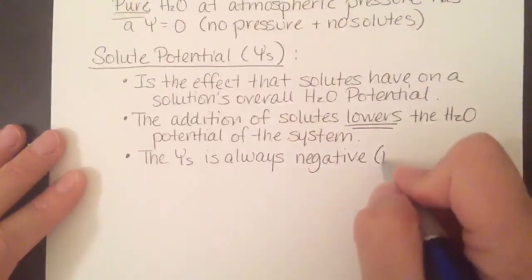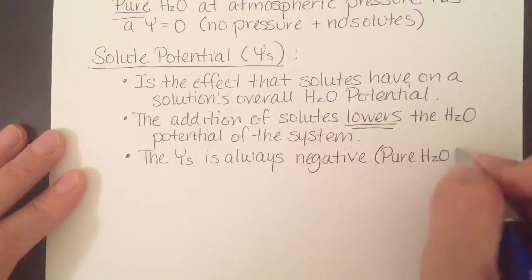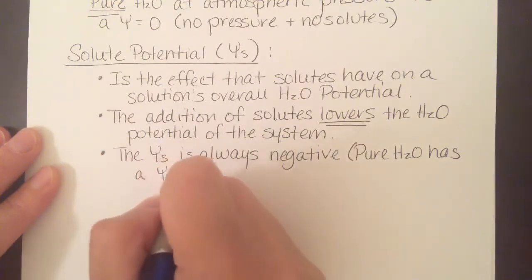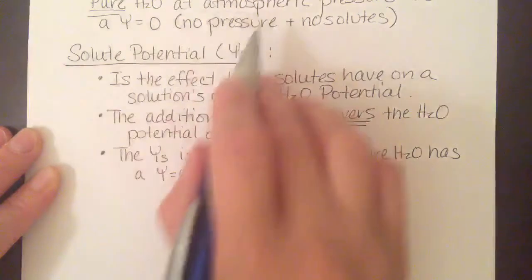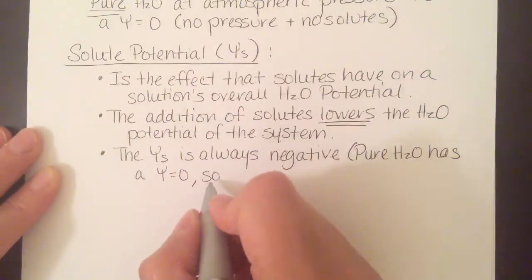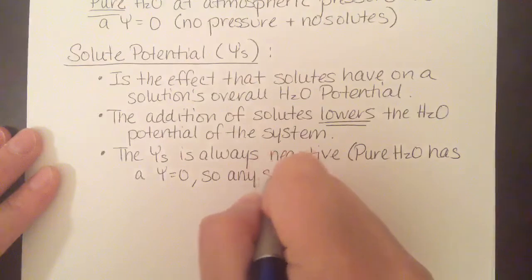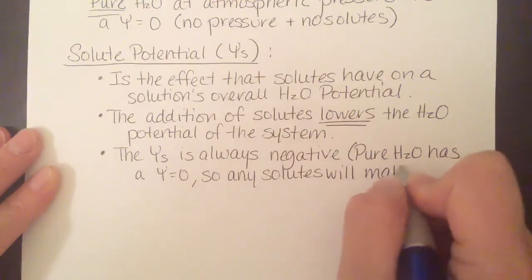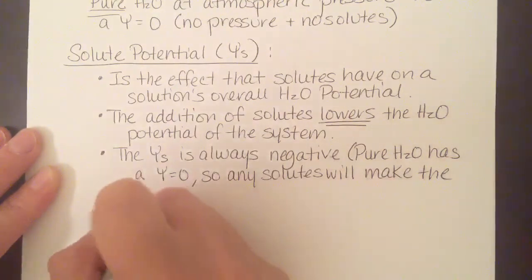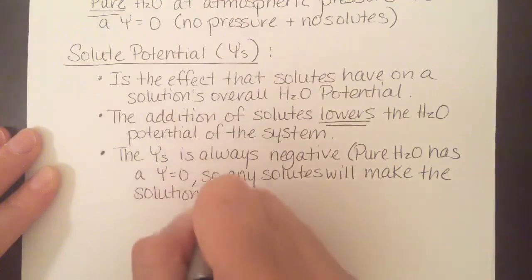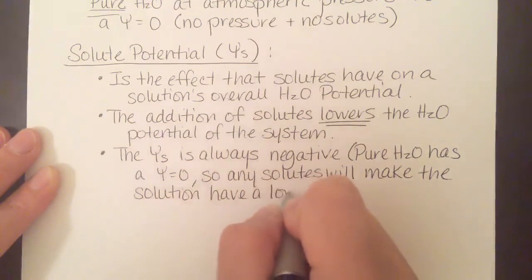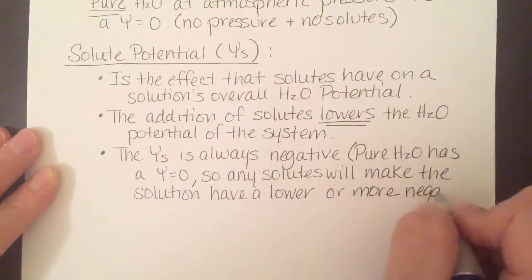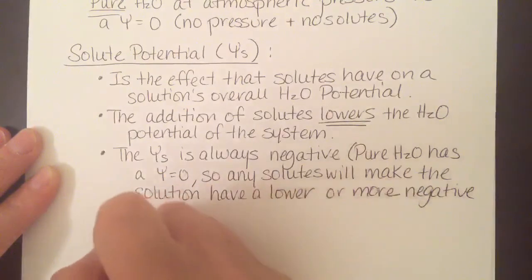So I'm going to add here, remember, pure water has a water potential of 0. So that's 100% pure water, no solutes. So any solutes whatsoever will make the solution have a lower or more negative water potential.